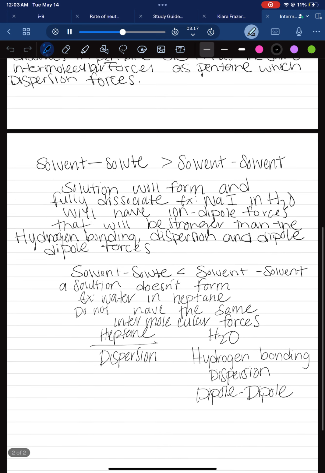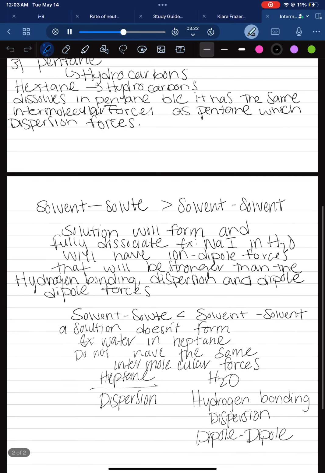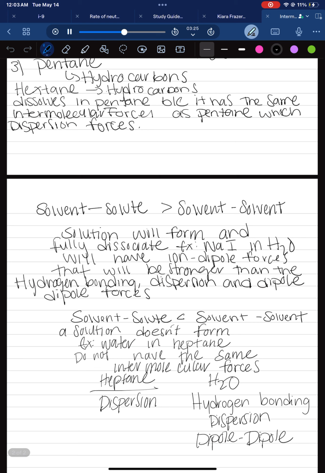Lastly, for part A, we're asked to give an example of a solvent-solute interaction that is greater than a solvent-solvent interaction, and a solvent-solute interaction that is less than a solvent-solvent interaction. So, for a solvent-solute interaction that is greater than a solvent-solvent interaction, we know that a solution will form and fully dissociate. So, when we think about fully dissociating, let's think about ions. So, our ions dissociate into our plus and minus, our cations and our anions.